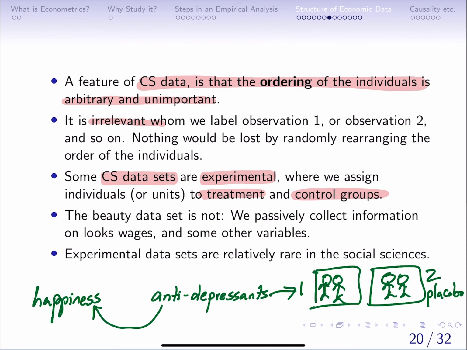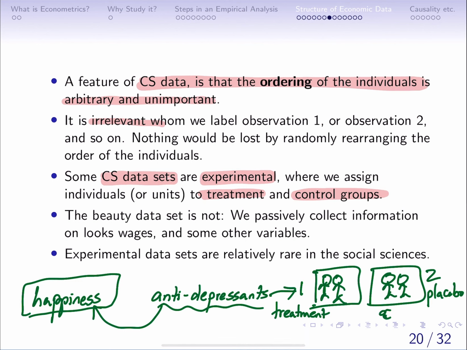And then we can see if there is a marked difference between the happiness levels of people who fell into group number 1 or group number 2, right? And so we can then say whether there was any effect. Okay, so in this sense, if group number 1 got the antidepressants, that's the treatment group. And if group number 2 got the placebo, this is your control group because they did not get that antidepressant.